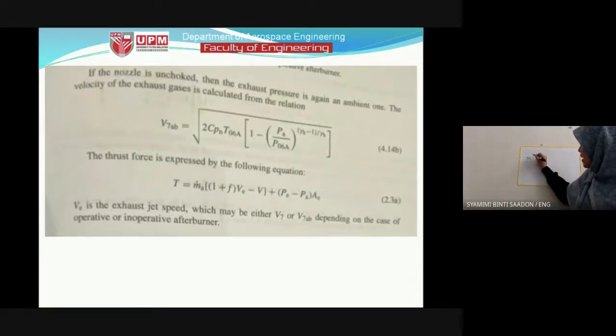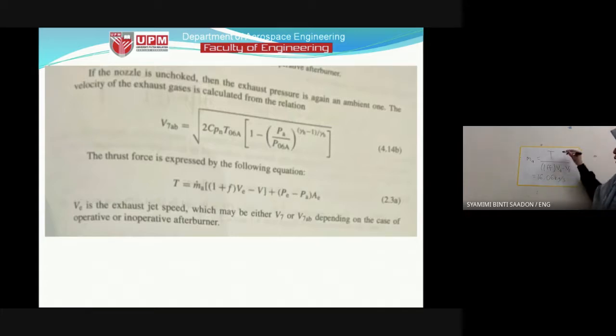So we want to calculate MA equals to T, thrust force, over 1 plus F, VE, V7, minus V, the cruising flight speed just now. This is from the thrust equation. So we have 16.06 kilogram per second.